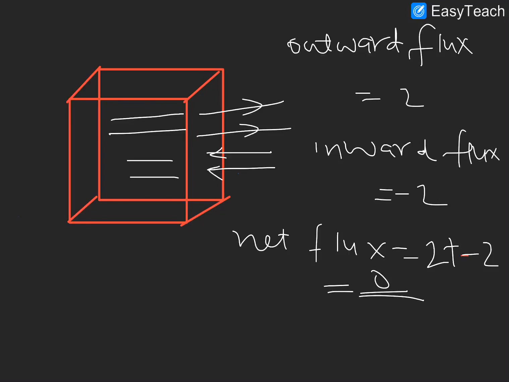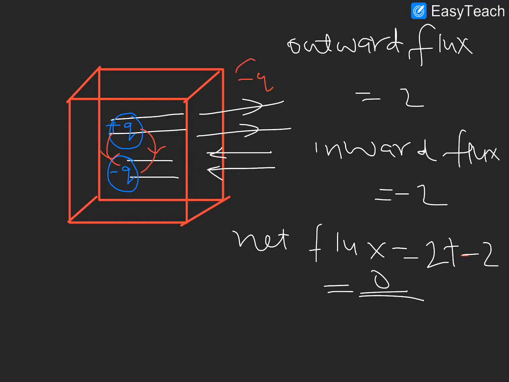Okay, when will this case happen? Imagine that you are having a plus q here and a minus q here. If the charges have the same magnitude, plus q and minus q, then from plus q there will be electric field lines moving from plus to minus, as well as to the other minus q.